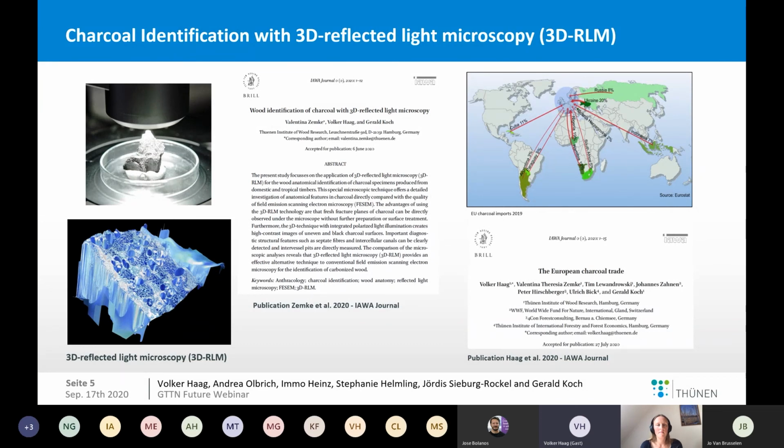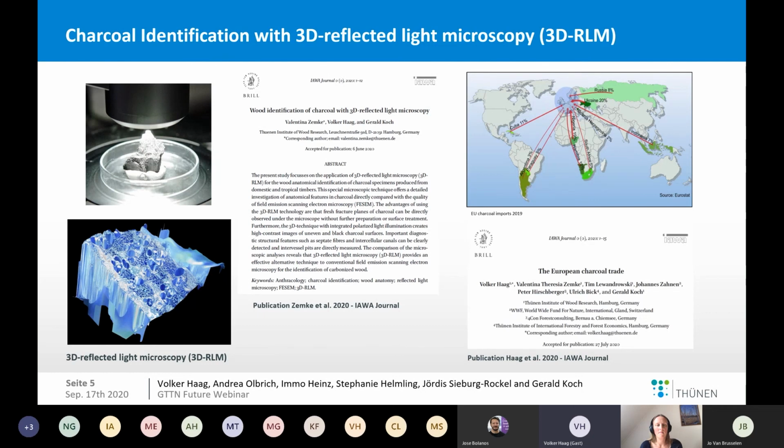We use a new approach, which we call the 3D reflected light microscopy. You can see it there. What we are doing is we generate pictures, like 3D profiles of charcoal on the microscopic scale, and then we have those beautiful pictures that we need for the identification of structural features.